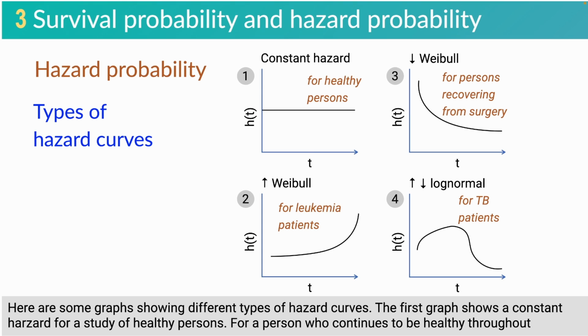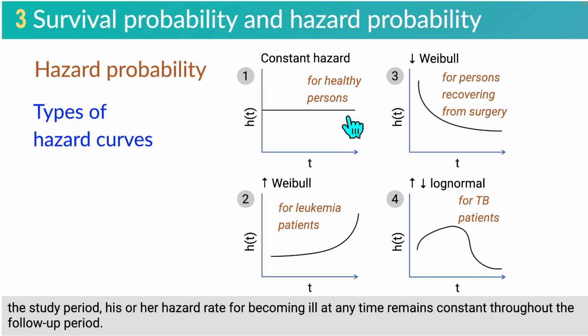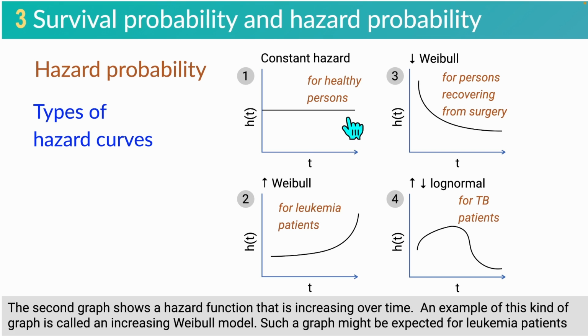Here are some graphs showing different types of hazard curves. The first graph shows a constant hazard for a study of healthy persons. For a person who continues to be healthy throughout the study period, his or her hazard rate for being ill at any time remains constant throughout the follow-up period. The second graph shows a hazard function that is increasing over time.